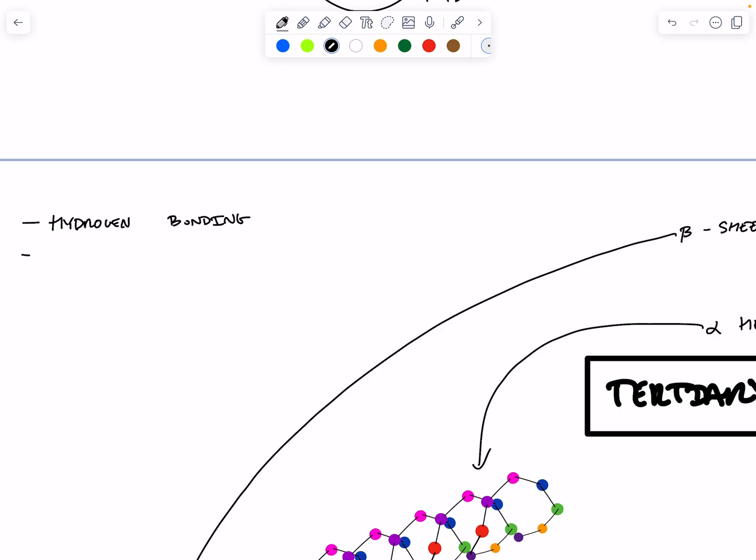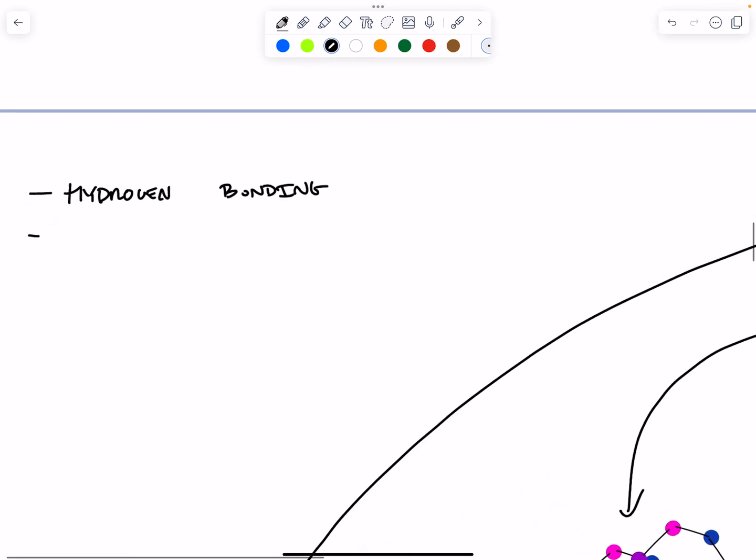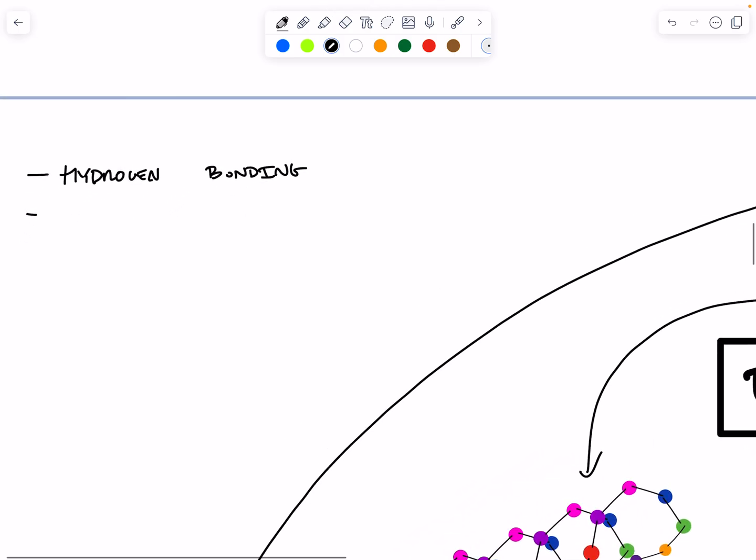The different R groups of amino acids, we're going to look at this in class tomorrow, but they have different characteristics. And some R groups are very hydrophobic. So tertiary structures usually have hydrophobic R groups towards the center.